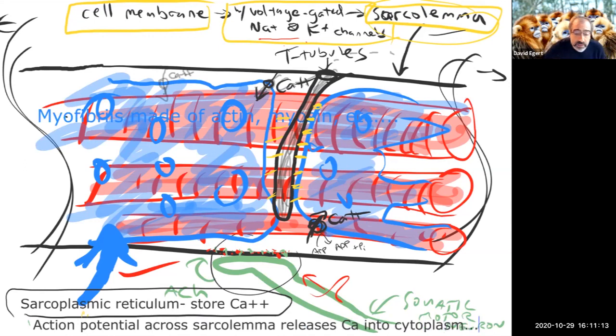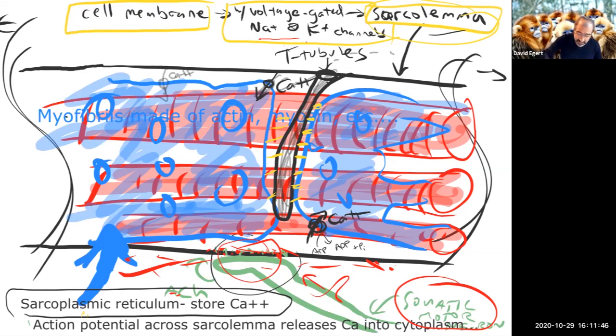So this is going to be an important part of the excitation contraction coupling. Basically, I'm kind of putting it together for you, where you're going to see a signal come down the somatic motor neuron, which causes a depolarization at the neuromuscular junction, which creates an action potential across the whole sarcolemma, which then causes a release of calcium from the sarcoplasmic reticulum.